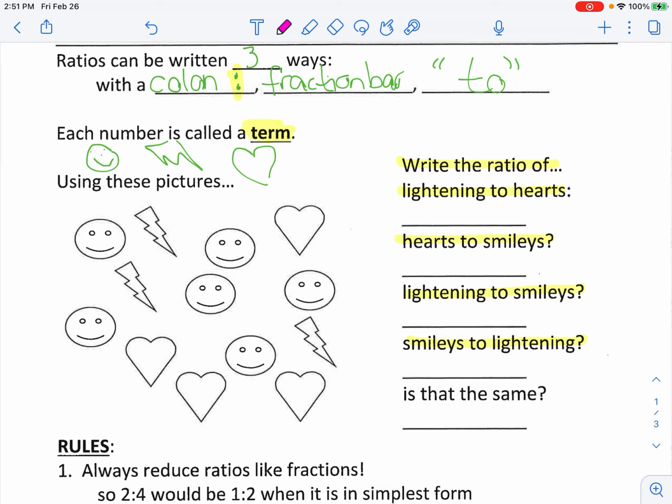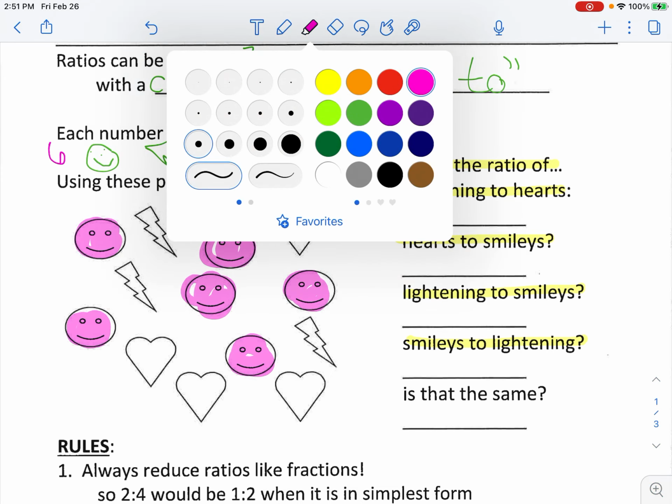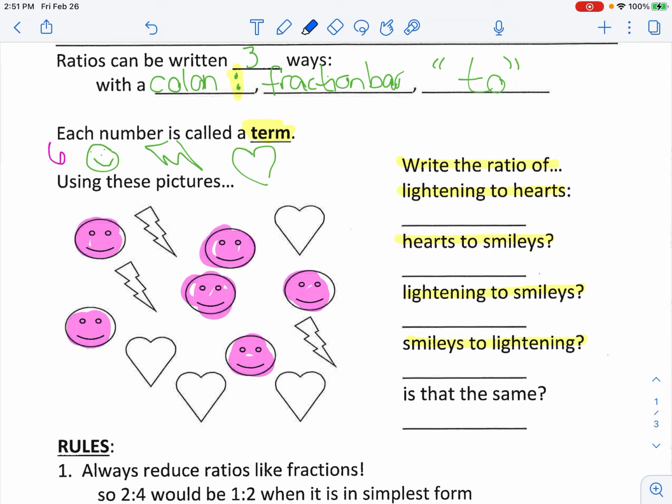So first, I'm going to count my smileys. So I've got 1, 2, 3, 4, 5. I have 6 smileys. I'll choose a different color. I will do blue for the lightning bolts.